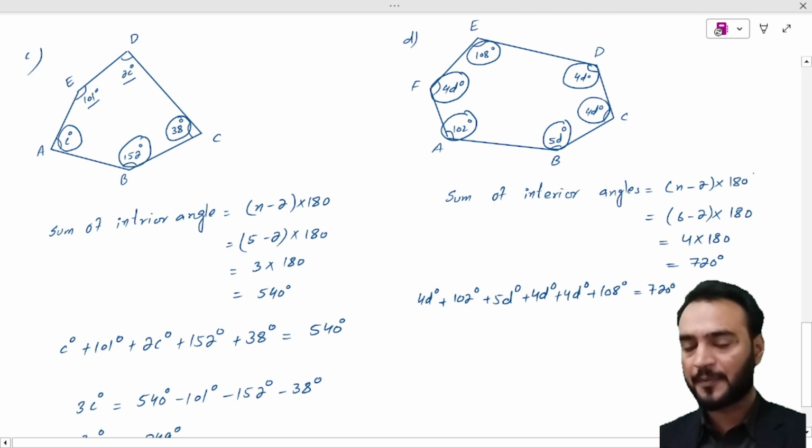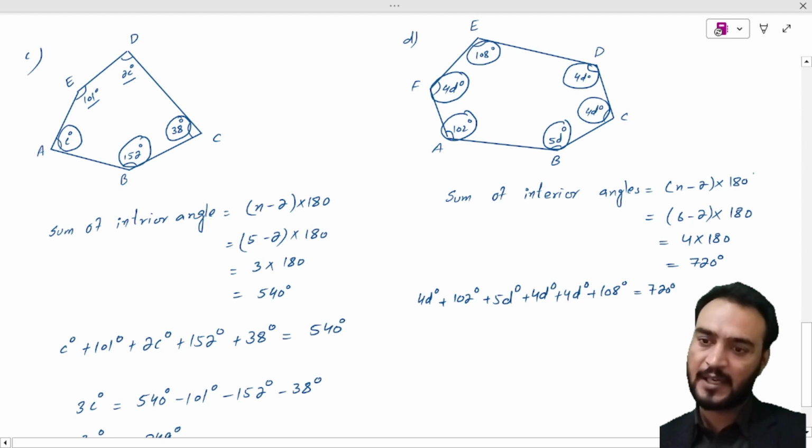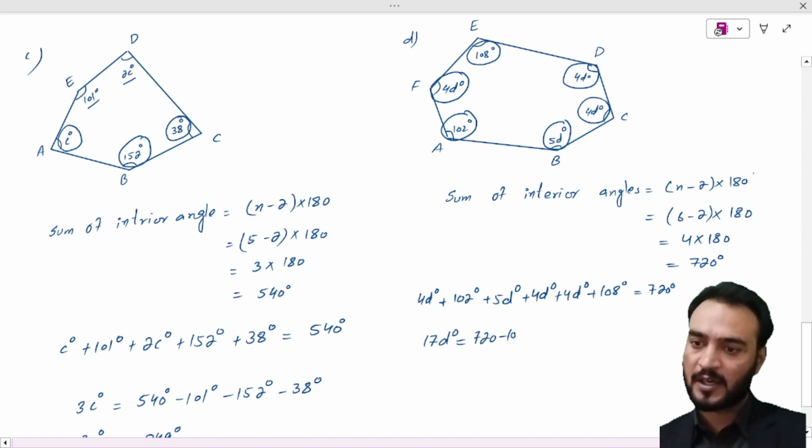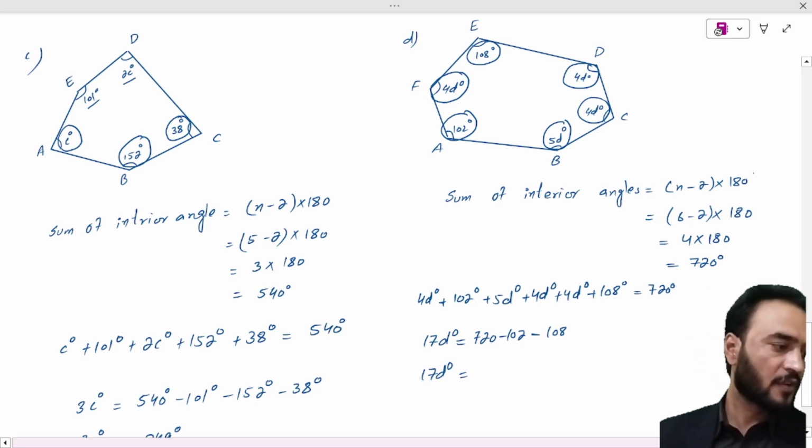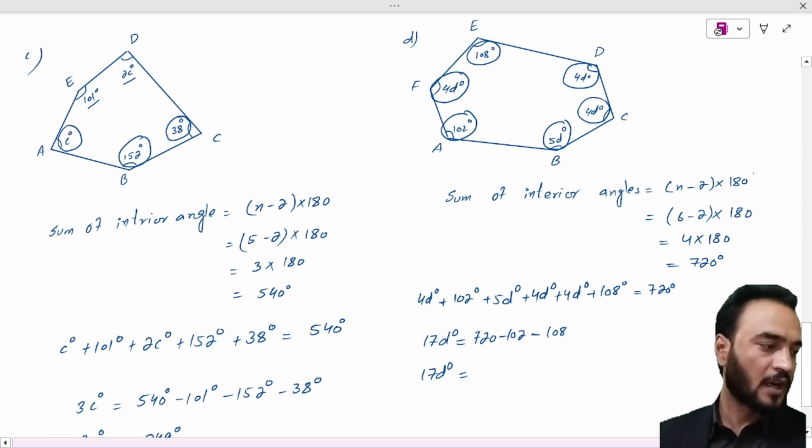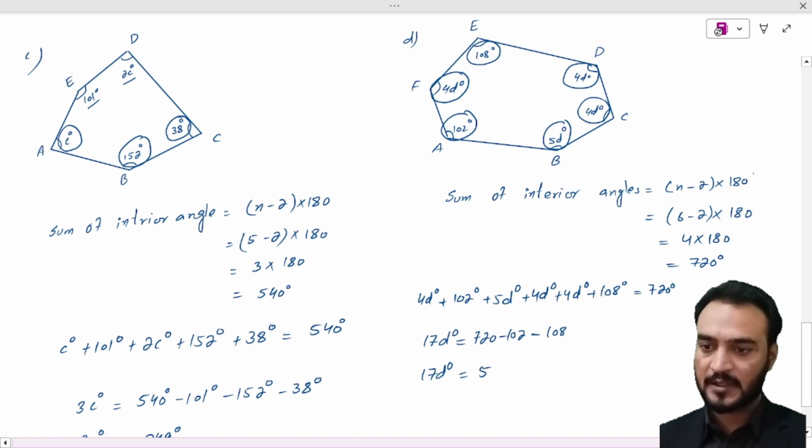We add all the terms with d as variable. 4d plus 5d is 9d, 9 plus 4 is 13d, 13 plus 4 is 17d. So this becomes 17d degree, and we subtract all the constants on the right side. 720 minus 102 minus 108, and 17d degree becomes, after subtracting these angles from 720, we get the answer, which is equal to 510 degrees.